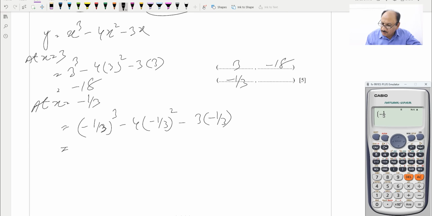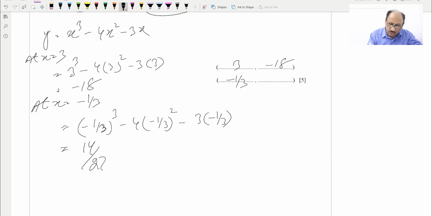Always replace values in brackets; there will be fewer chances of mistakes. If you are not using brackets, there are more chances of mistakes. So this results in 14/27, and this is for 5 marks.